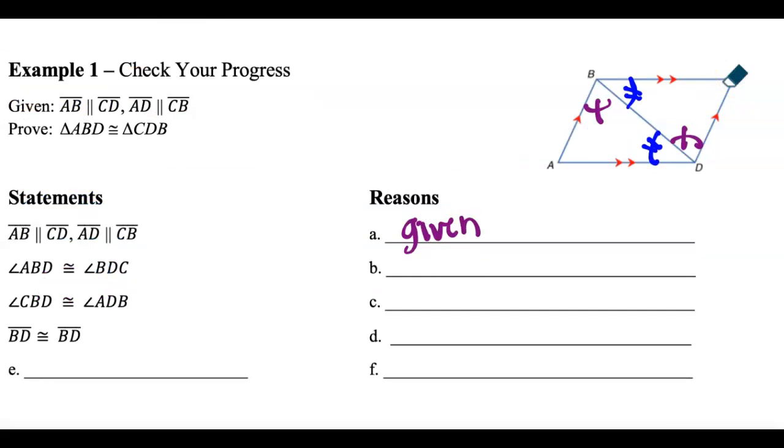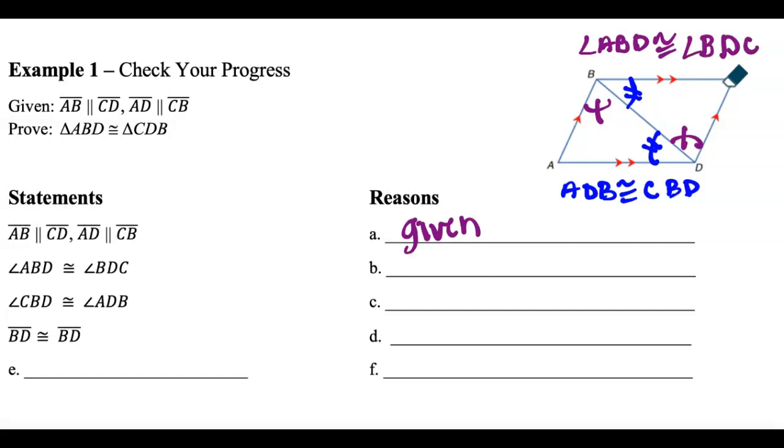So let's look ahead at what we just found out. We found out that angle ADB was congruent to, we started at A, so start here, CBD, and we'll do the purple one now, and that is that angle ABD is congruent to angle BDC.